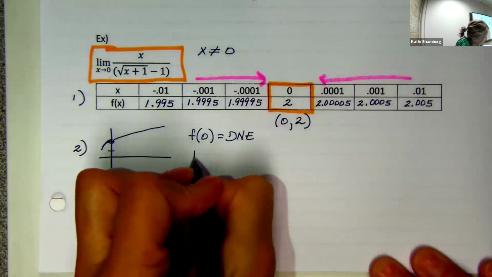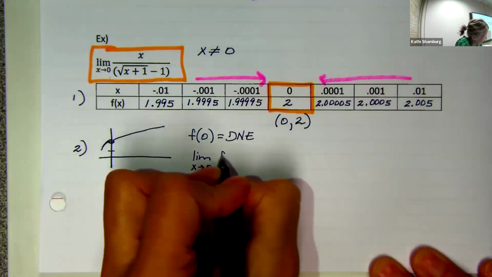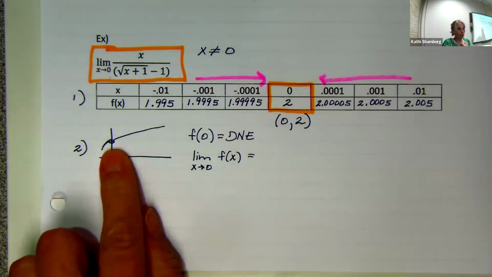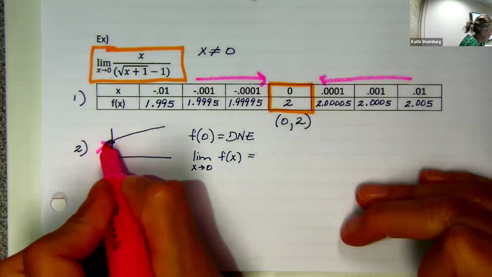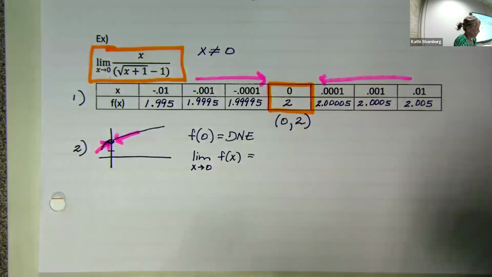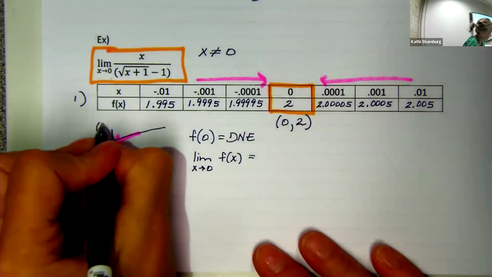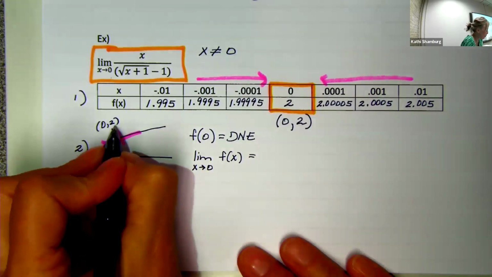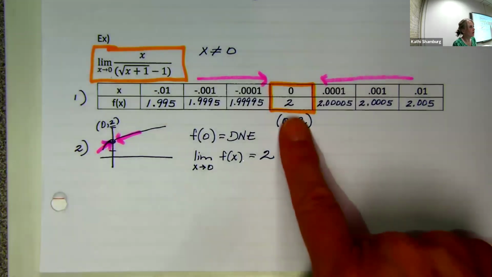When you see the limit as x approaches 0 for that function, we're not wanting to know what's going on at that point. We already know it's undefined. We want to know, are they approaching the same output? Well, what ordered pair is that? (0, 2). Aren't they both approaching the output of 2?